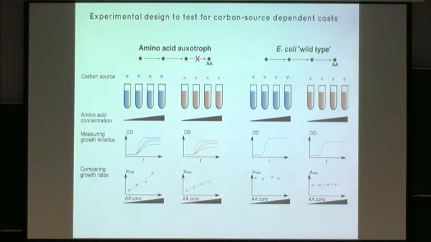Whereas the auxotrophic strain, of course, increases its growth rate because it's limited by that amino acid. And what I want to highlight here is that this increase of the growth rate is a very good proxy of these metabolic costs, because the resources that the auxotroph saves by not synthesizing that amino acid by themselves, they could invest in other cell growth-related functions, such as producing other proteins.